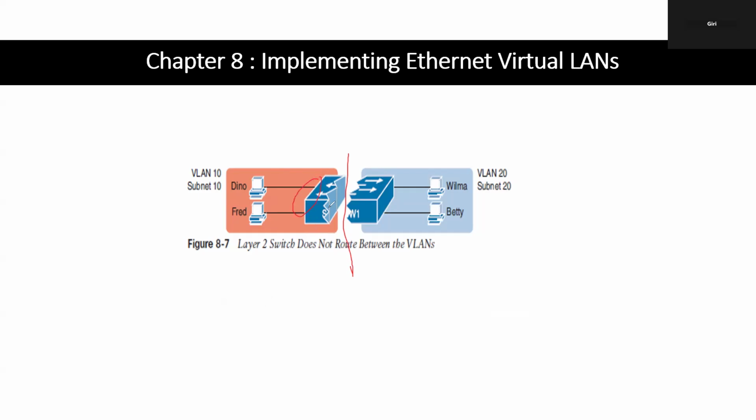I have no interconnections to different switches, so there's no need for me to tag this traffic. I just know this is dedicated for this VLAN. This part of the switch is not going to see any tags, or this switch in general is not going to put tags because it's not using a function that requires tags. That function that only requires tags is trunking.